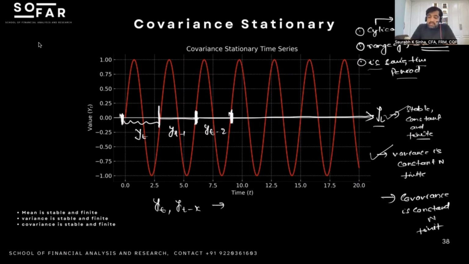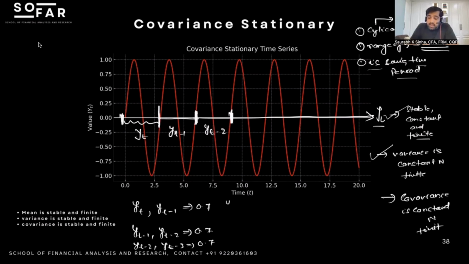Listen very carefully. Don't confuse this point. This point is very critical. I'm writing it in detail. If the correlation between YT and YT minus 1 is 0.7, then the correlation between YT minus 1 and YT minus 2 is also 0.7, and YT minus 2 and YT minus 3 is also 0.7.